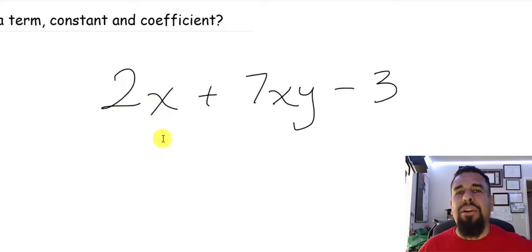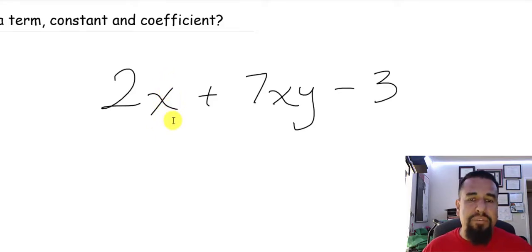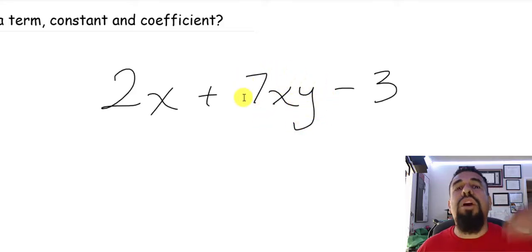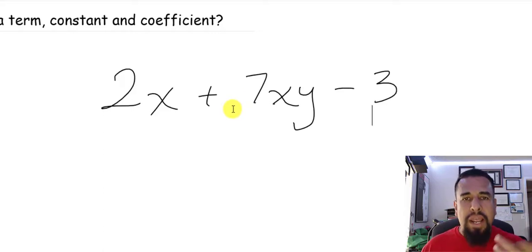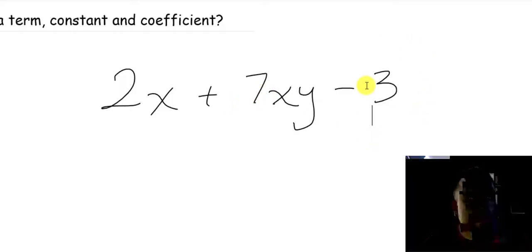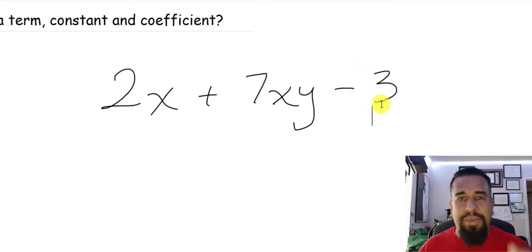So it's constantly gonna be changing depending on what value I put in for my variable. In this case it's the variable x, and in this case it would be the variables x and y. So the coefficient will change depending on what we plug in for the variable. Okay, the coefficient will change, but the constant stays constant. It will always be a minus 3.